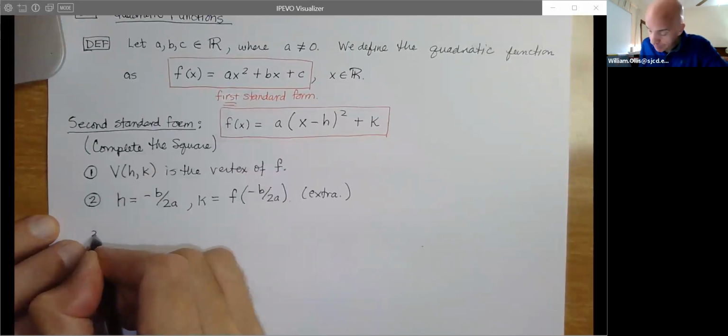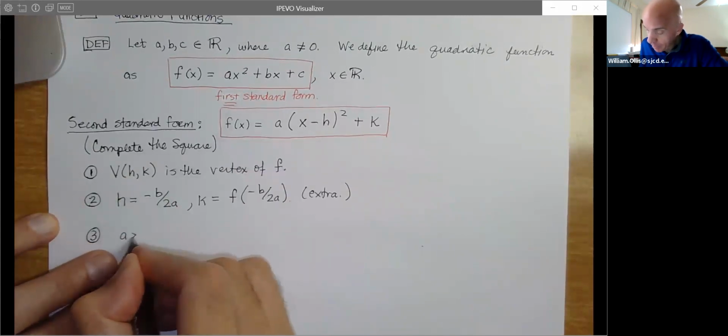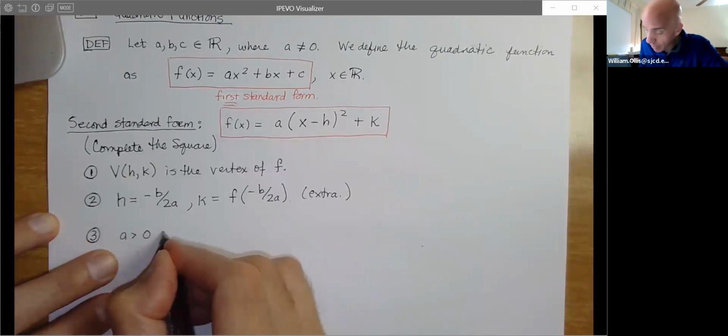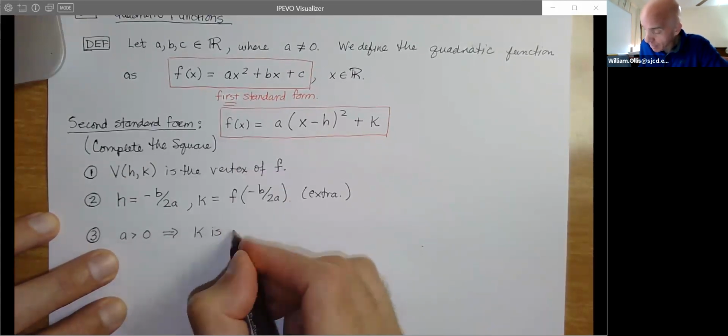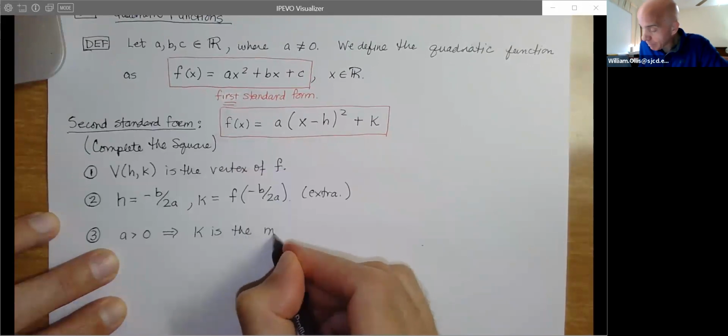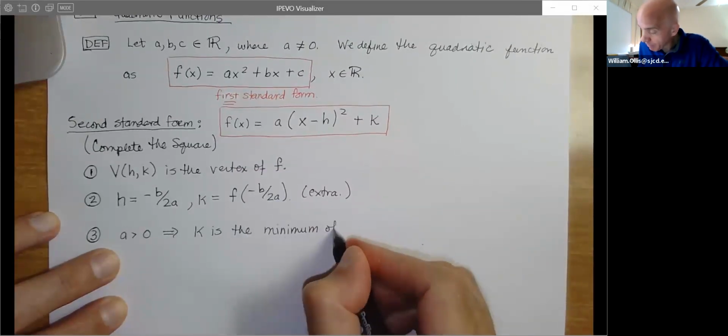Number 3, a greater than 0 implies k is the minimum of f.